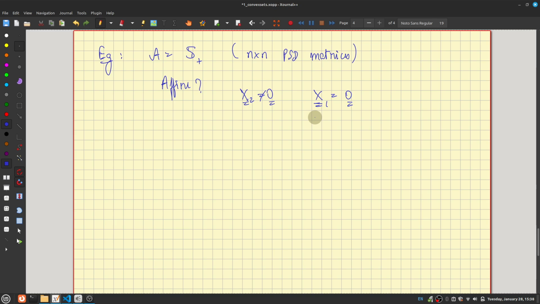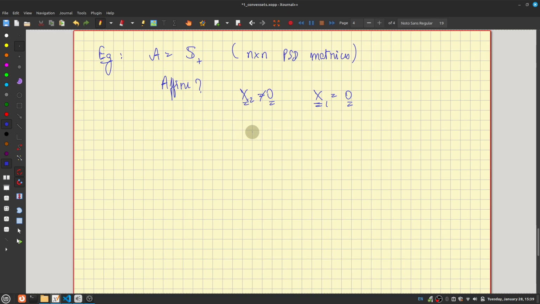Is the all zeros matrix PSD? People are not convinced. What are the eigenvalues of the zero matrix? All zeros. Are all of the eigenvalues non-negative? Yes, right? So the all zeros matrix is PSD, correct? And let me take any other PSD matrix X2, which is non-zero.